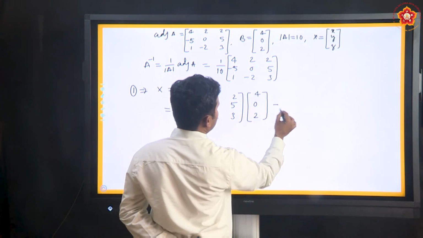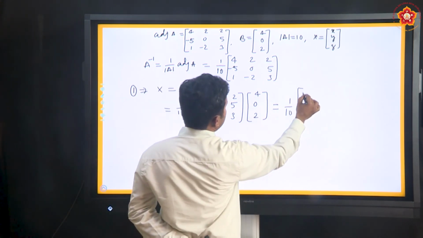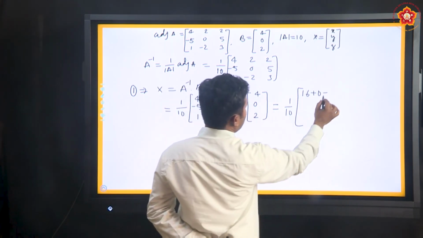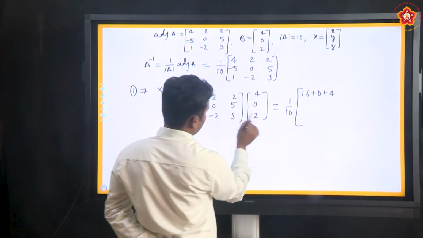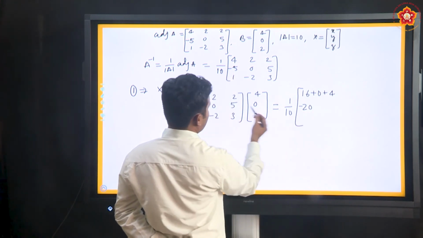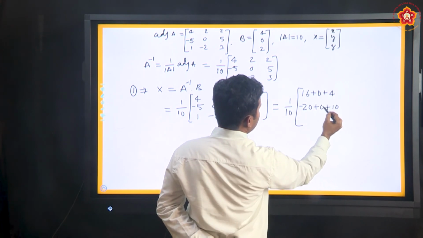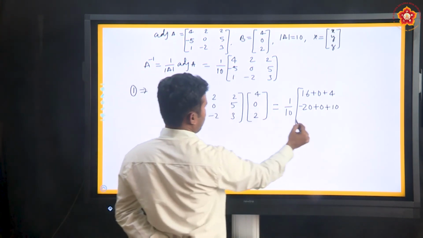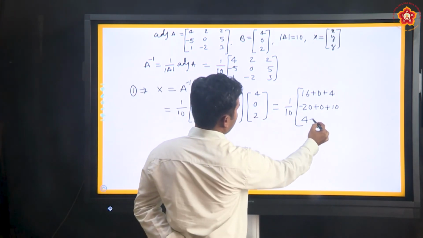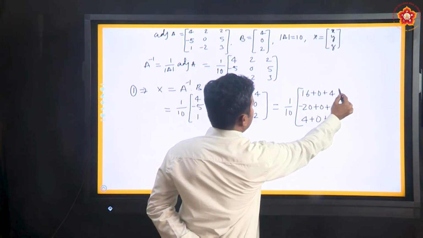Now you can multiply this. 1 by 10 into 4 into 4 is 16, 2 into 0 is 0, 2 into 2 is 4. Next, 2 into 4 is 8, minus 5 into 4 is minus 20, 0 into 0 is 0, and 5 into 2 is plus 10. Next, 1 into 4 is 4, minus 2 into 0 is 0, and 3 into 2 is 6.